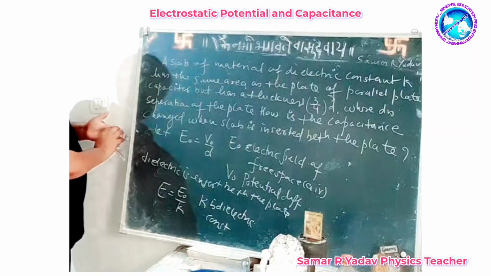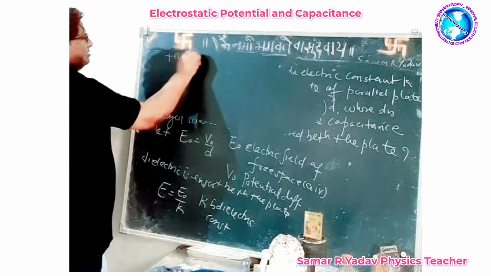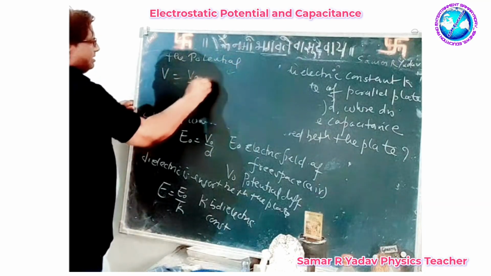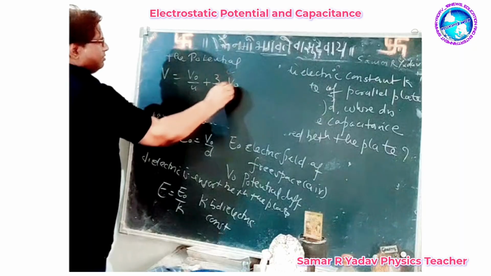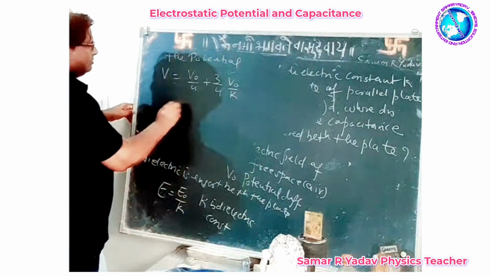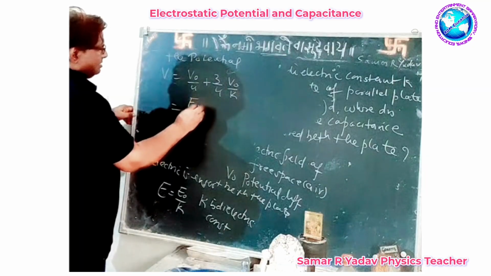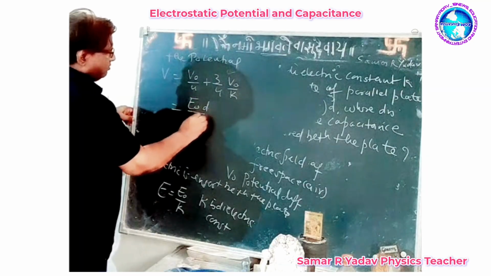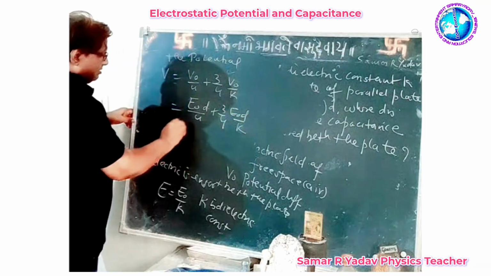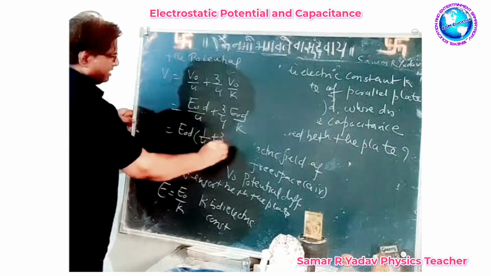Now the potential, that is V is equal to V0 upon 4 plus 3 upon 4 V0 upon K. Now simplifying, we will get V is equal to E0 into D upon 4 plus 3 upon 4 E0D upon K. E0D common, so we get 1 upon 4 plus 3 upon 4K.